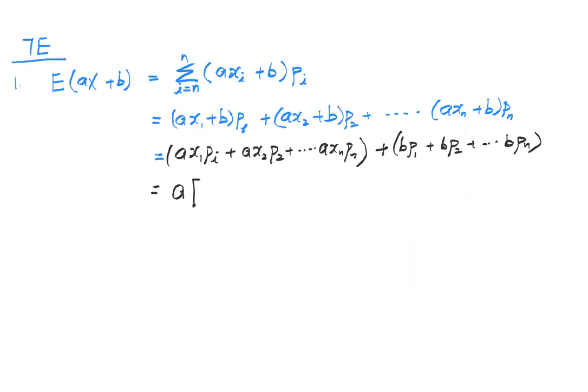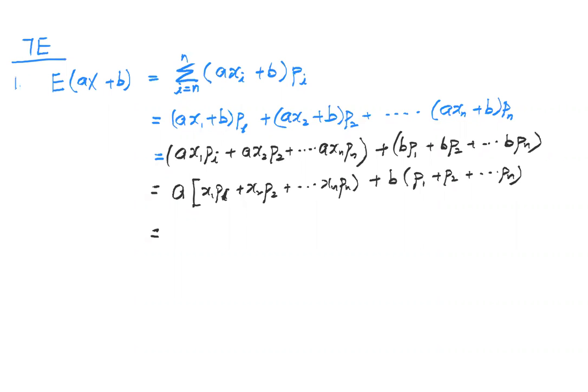So it will be a times x1 P1 plus x2 P2 plus xn Pn, plus everything got b, correct? So you factorize out the b, P1 plus P2 plus dot dot dot Pn.